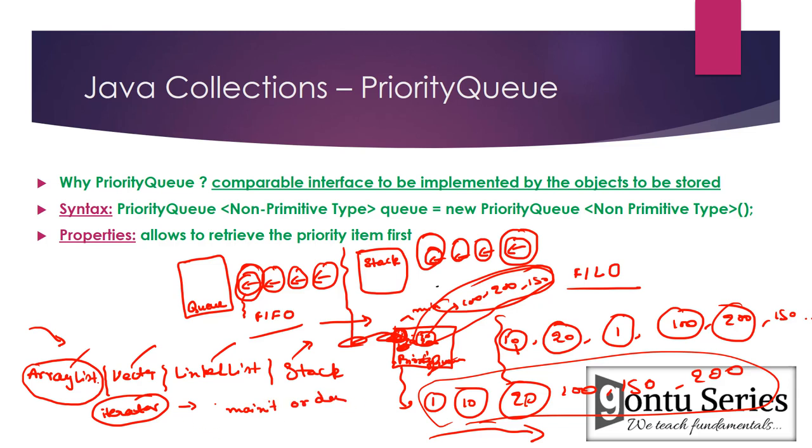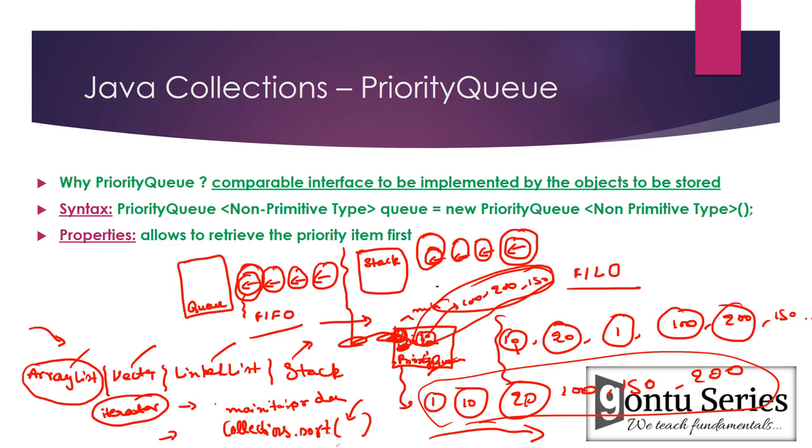Now, if these collections maintain the order in which you include things, and you want to sort things in any of these Java collections, what you do is make use of Collections.sort, and you put here that ArrayList object, or a vector object, or a linked list object, or a stack object.